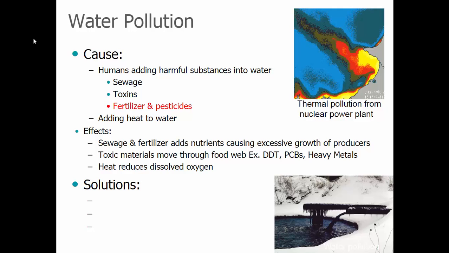So some examples of things that humans might add to the water: sewage. Sewage, which is basically what goes down toilets and drains in your house, should be going to a sewage treatment plant.